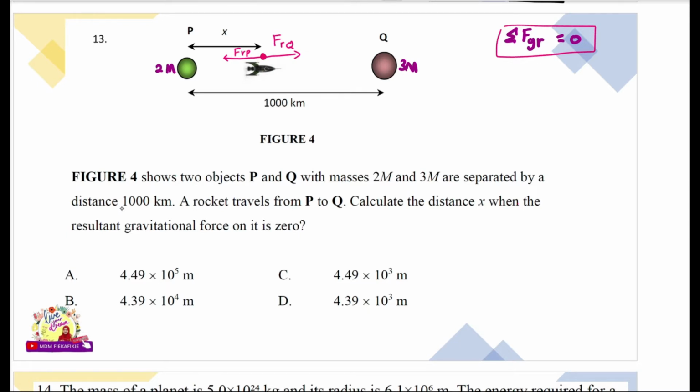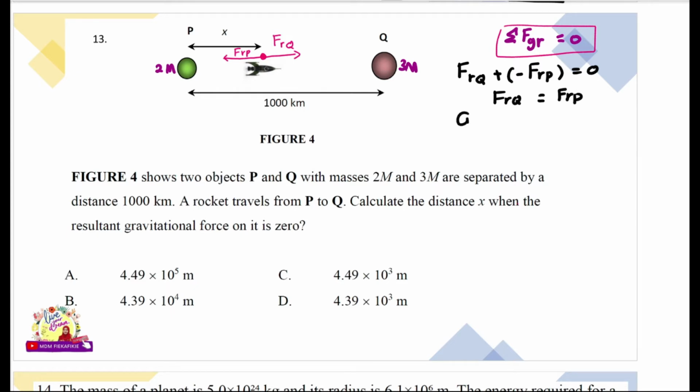So we put in here, total gravitational force on the rocket should be positive F_RQ plus negative F_RP, and it is equal to 0. So based on this information, let's rearrange that equation. F_RQ is equal to F_RP.